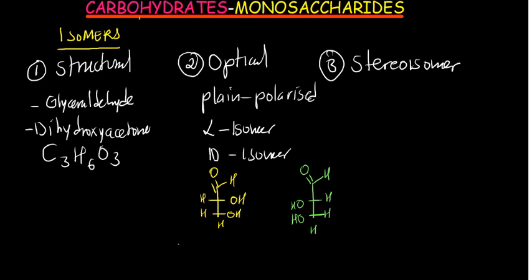And for this one, the OHs are on the left, so this is going to be called L-glyceraldehyde. That is because this one is going to turn plane polarized light to the left. This one turns light to the right when light passes through.